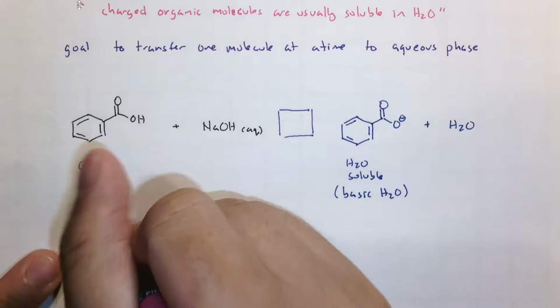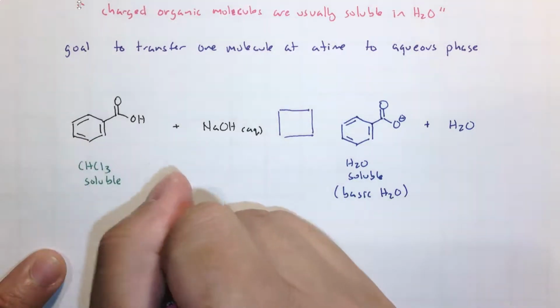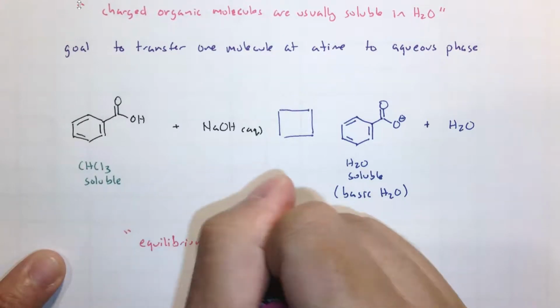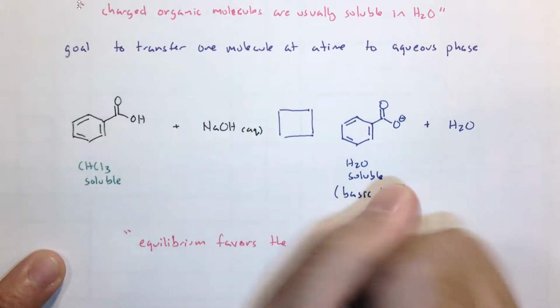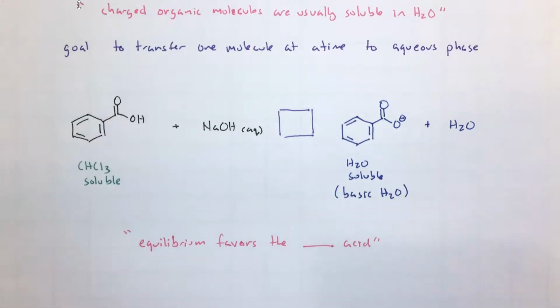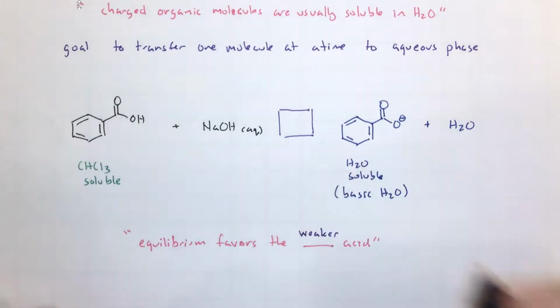The next pink quote you should know is equilibrium favors the blank acid. Stronger or weaker? The answer is weaker. Why?